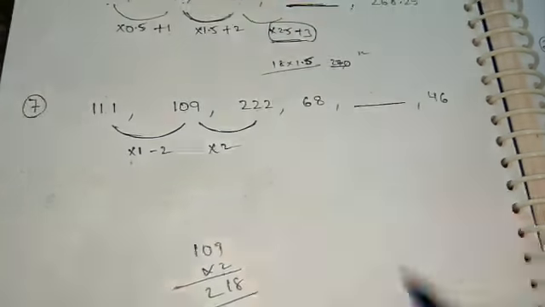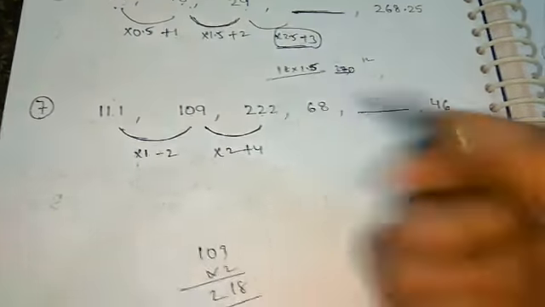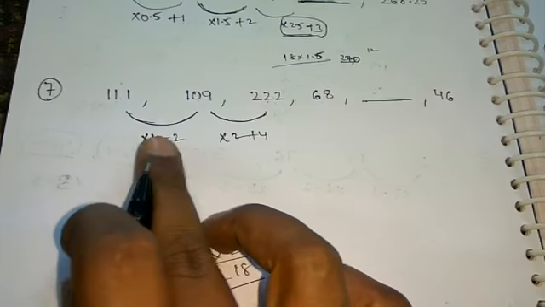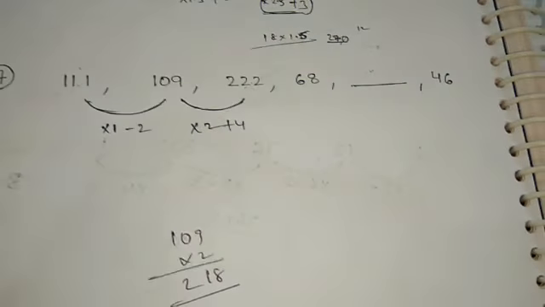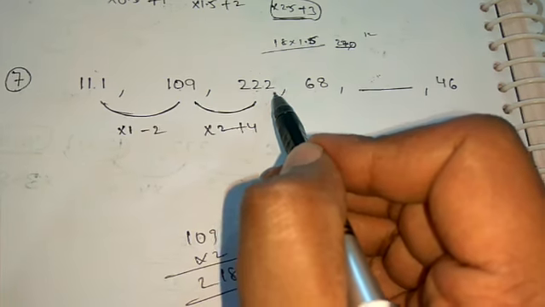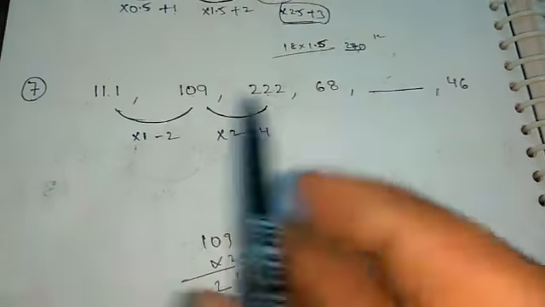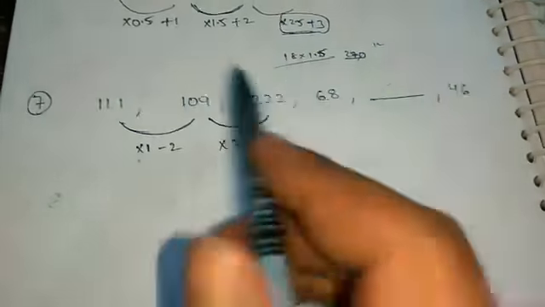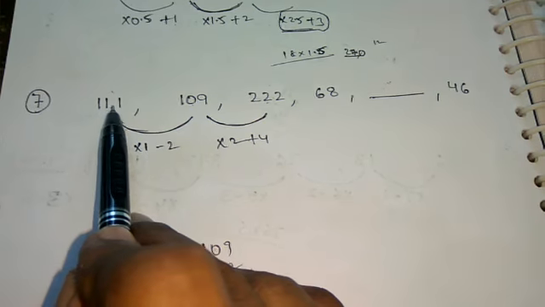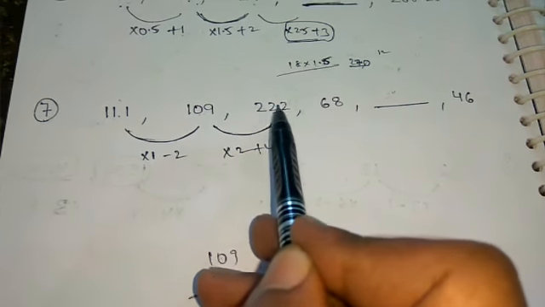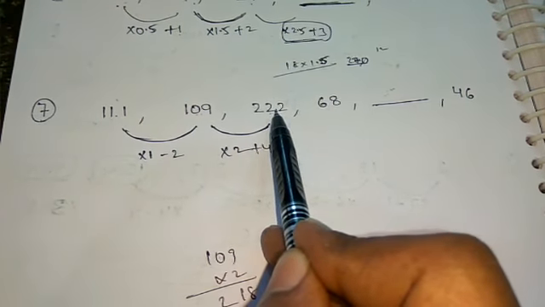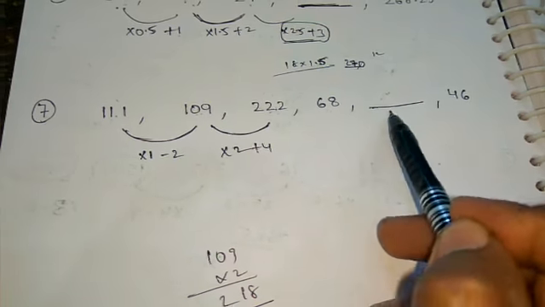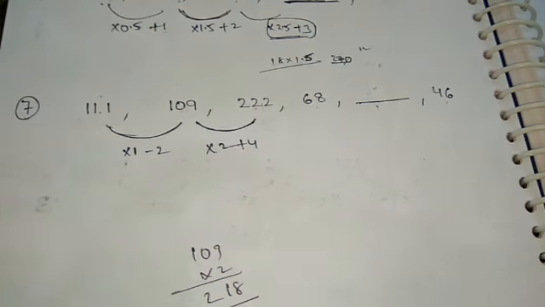So into 2, 218 plus 4. So into 1 minus 2, into 2 plus 4. See here, the next term is reduced. If you see the complete series, it is higher, it reduced, it again increased, it again reduced, it again increases, it again reduces.